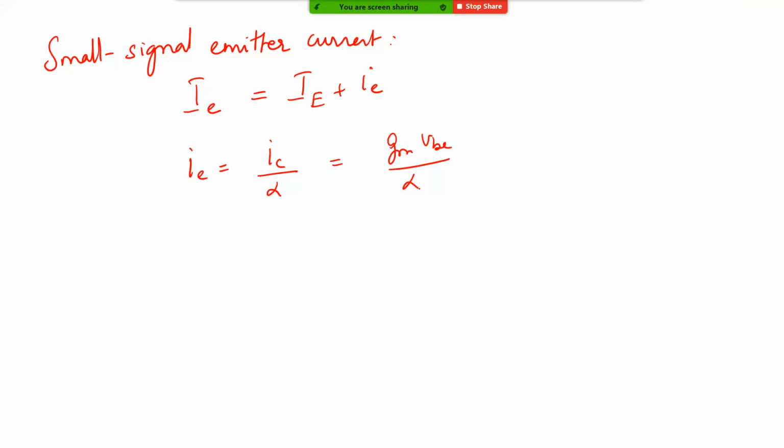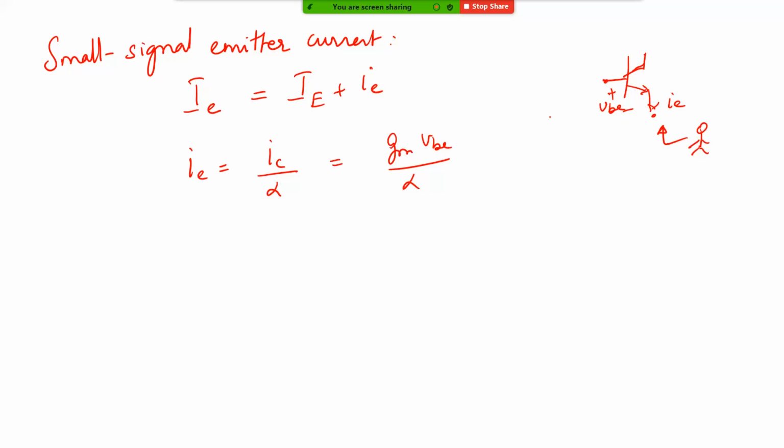Correct. Now if you look at the transistor, this is your, let's say, small signal VBE, and this is the small signal IE that is flowing. If you were to stand here and look at the impedance from the emitter side, you have this transistor, right?